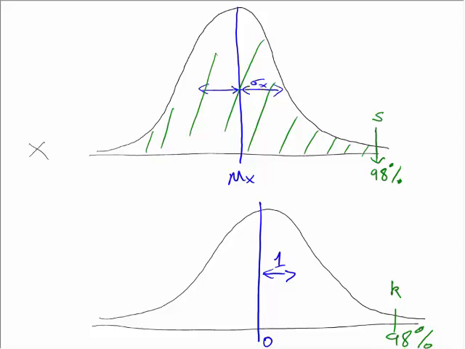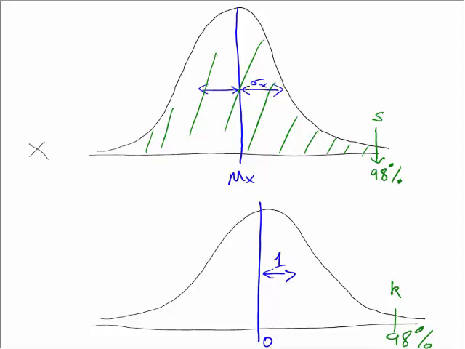So K is the inverse CDF of the standardized normal distribution, and S is the inverse CDF of the lead time demand distribution.